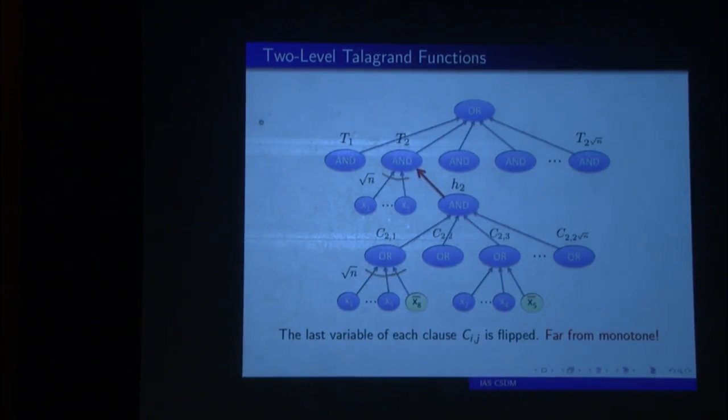In this picture, now you don't have 2 to the root n small cubes, but now you really have 2 to the 2 root n cubes. Each cube is defined by a term t_i and a clause c_ij. So how can you enter this cube? You have to somehow satisfy t_i and falsify c_ij. That's how you get to enter this cube, and there are 2 to the 2 root n many cubes.